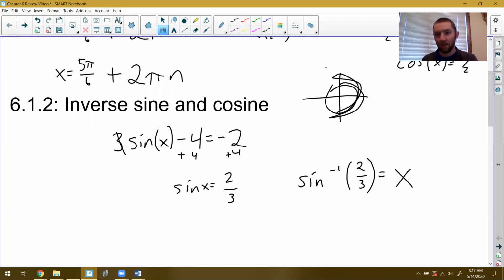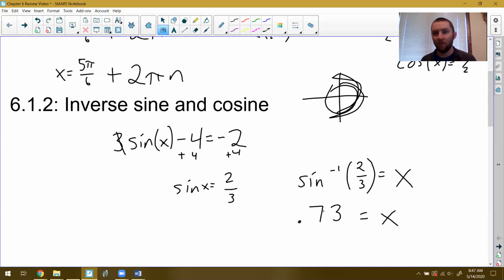So if we do the sine inverse of 2/3, and I do it in radian mode, I get in this case that x is equal to 0.7297, so about 0.73 is what I'm going to say.